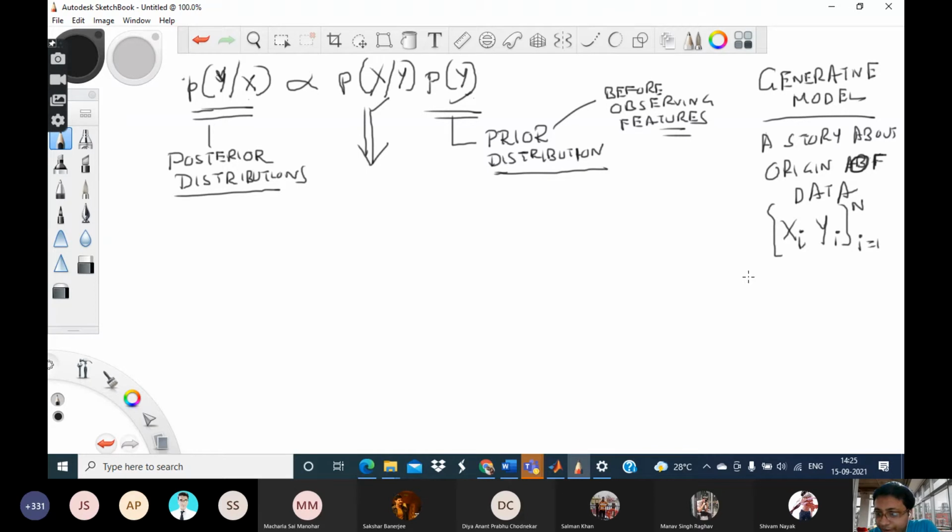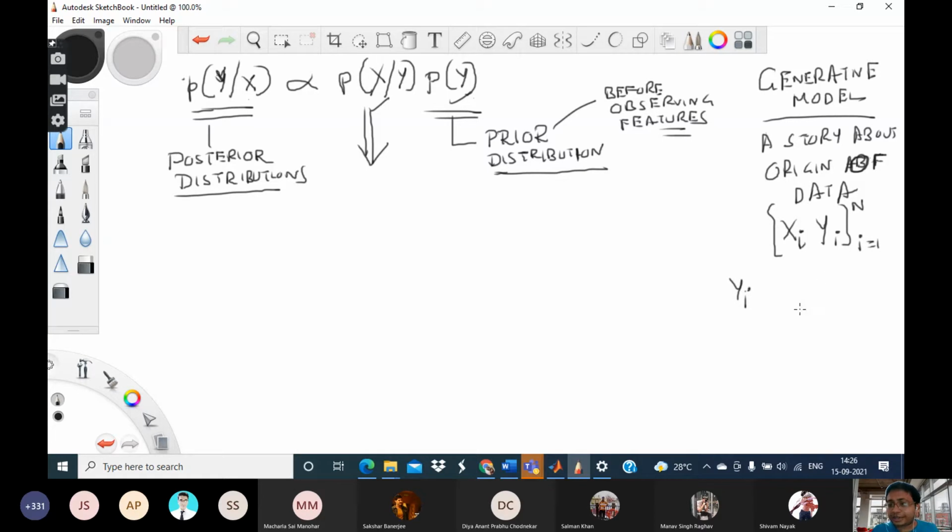The story is as follows. First, the label was chosen by someone, say by the creator. The creator may be the creator of the data set, or God, or some supernatural entity. Let us just say there is someone called a creator who has created this data set.